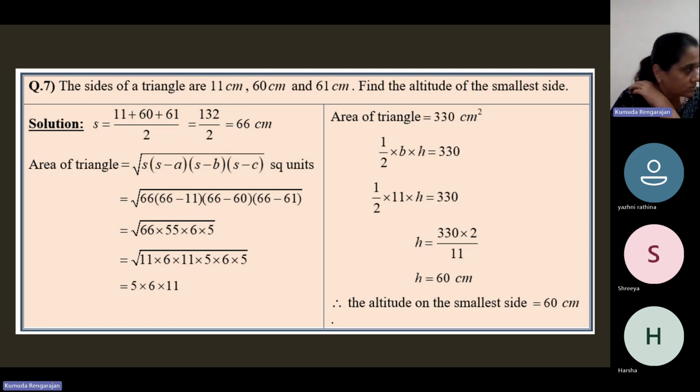Done, is it? Understand? Rahul? Clear? Okay.